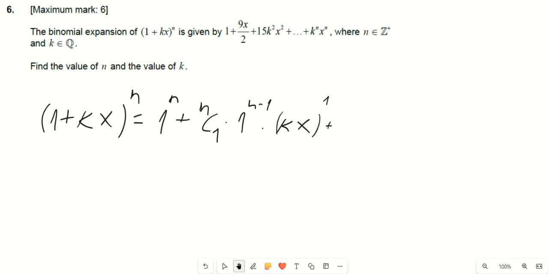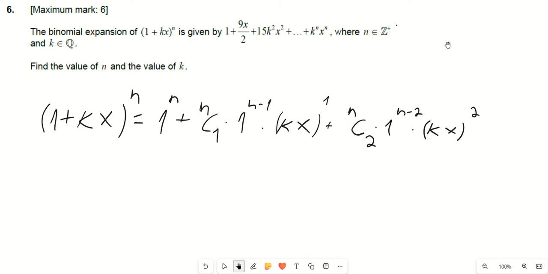Now the second term, or the third term, is nC2 times 1 to the power of n minus 2 times kx to the power of 2.